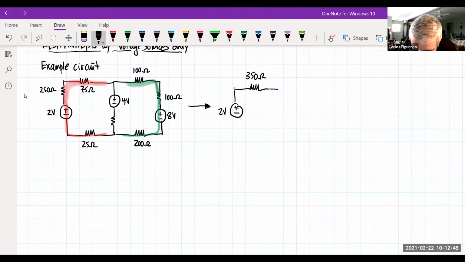And then when you look at this other branch here, even though I didn't put anything, this would be a 100 ohm resistor, and this is a 4 volt source. So then if I look at the green branch, you could see here that I could add the 100, 100, and 200.